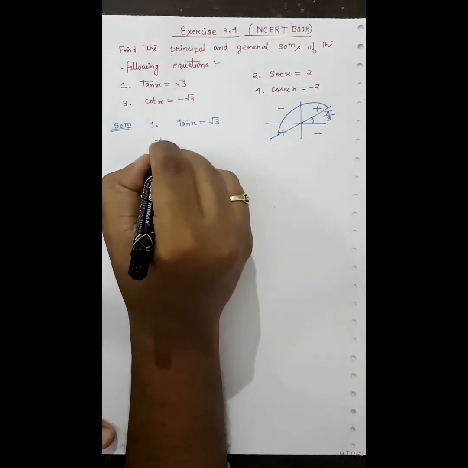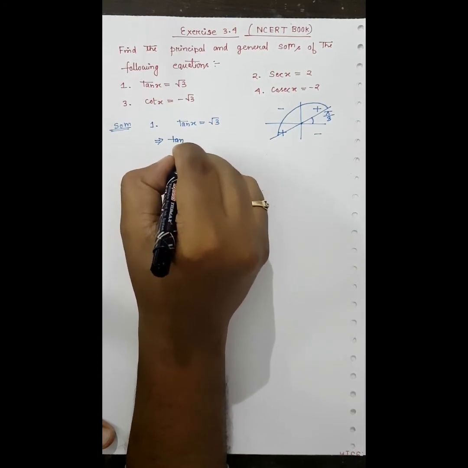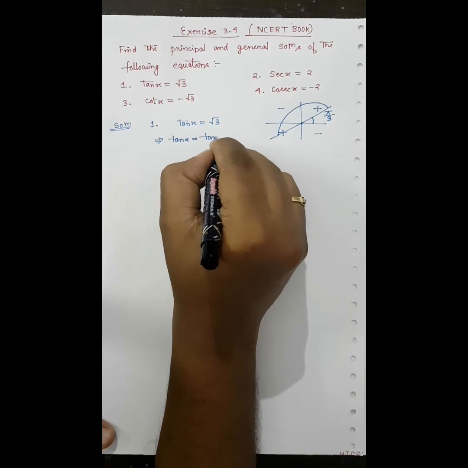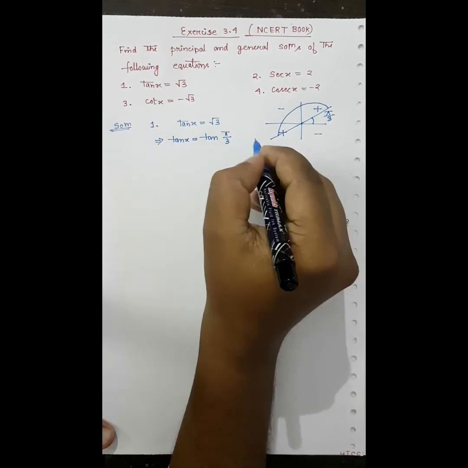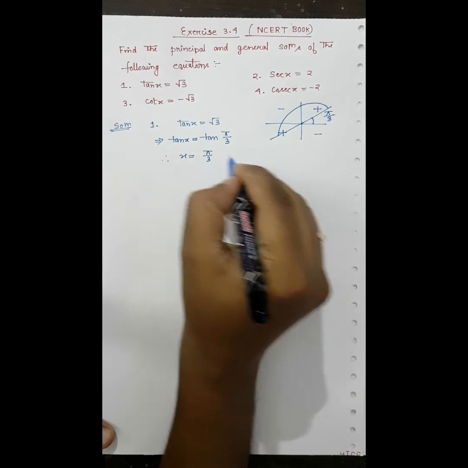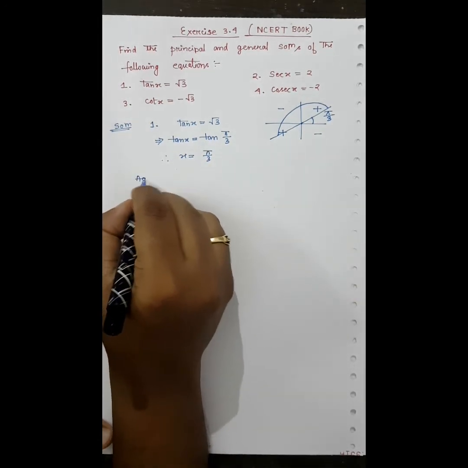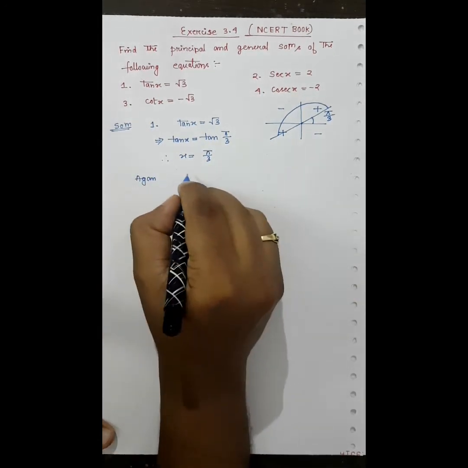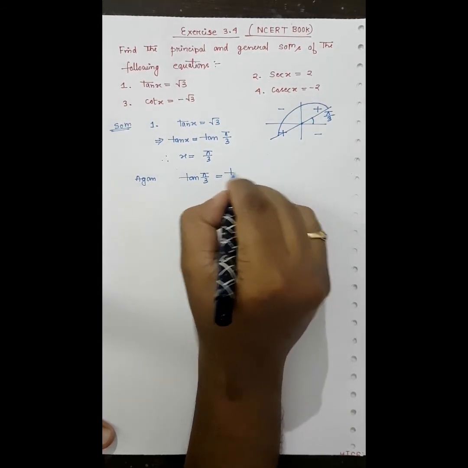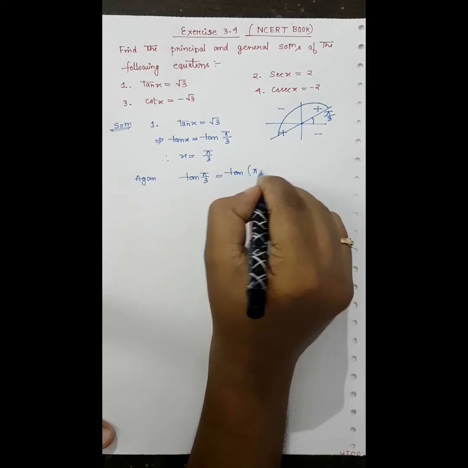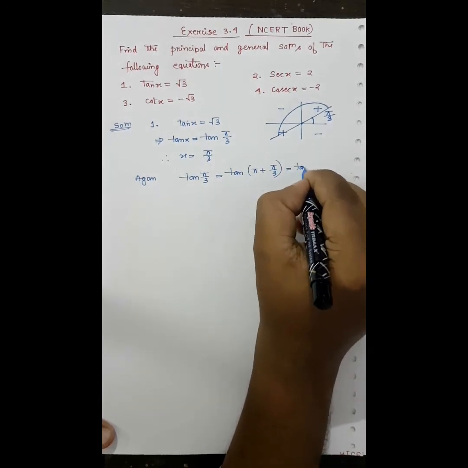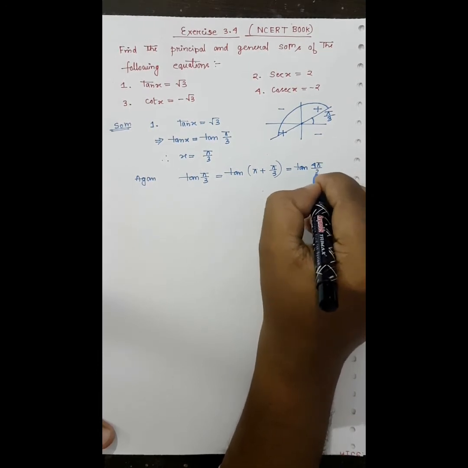So we can write tan x is equal to root 3 means tan x is equal to tan pi by 3. So x can be equal to pi by 3. Again, tan pi by 3 is equal to tan of pi plus pi by 3, that is tan 4 pi by 3.